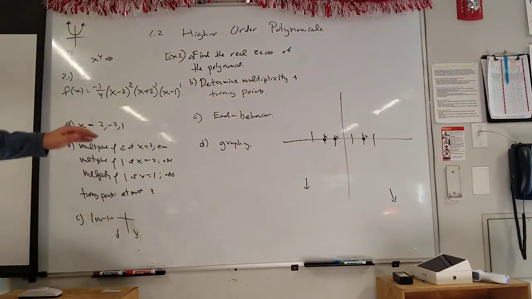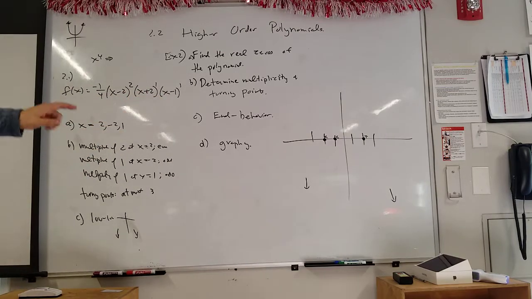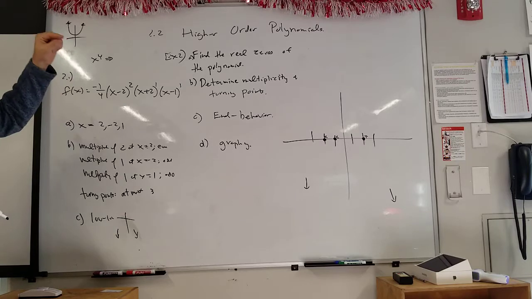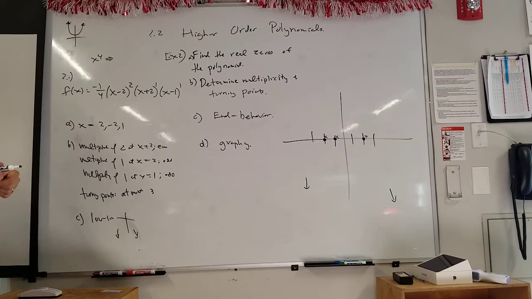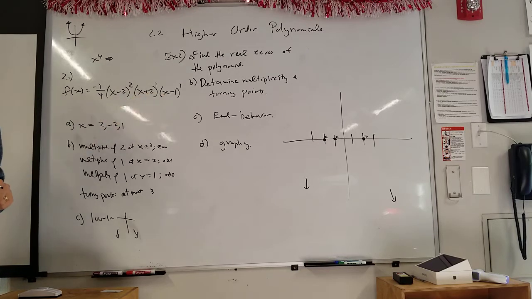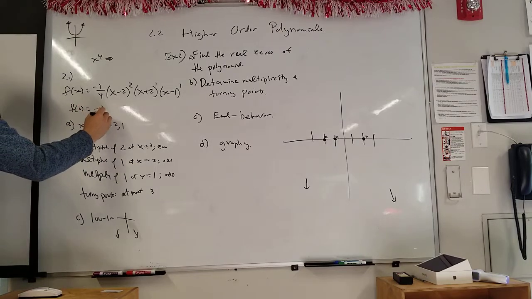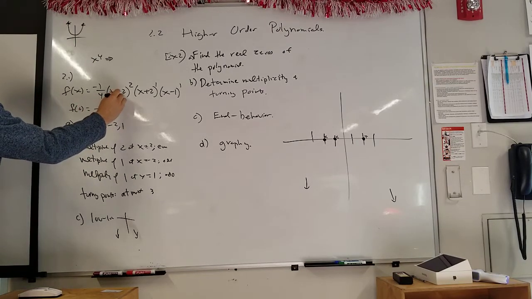And the only thing for these guys, because they are already in factored form, can you quickly find for me the y-intercept? So 0 goes here, a 0 goes there, a 0 goes there. Wait, no. 0 minus 2 is negative 2.